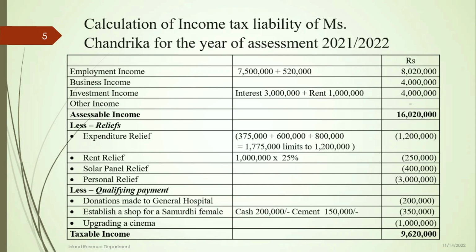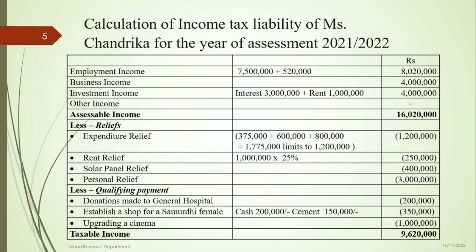She is entitled to deduct expenditure relief up to 1.2 million because that is the ceiling. In this case, she spent 1,775,000 as an expenditure, but she is entitled to deduct only 1.2 million.